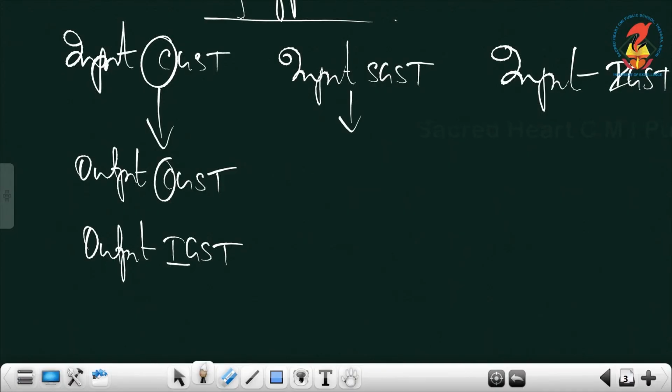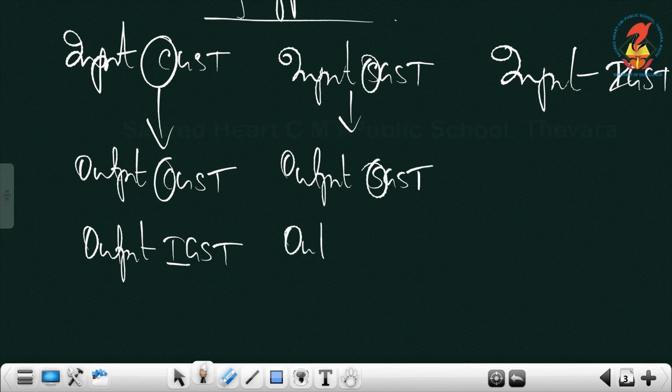Similarly, input SGST first can be taken from output SGST, from the same head you have to take. Then if that is not enough, you must take it from output IGST. These two are similar.